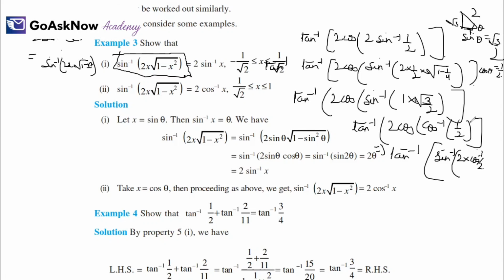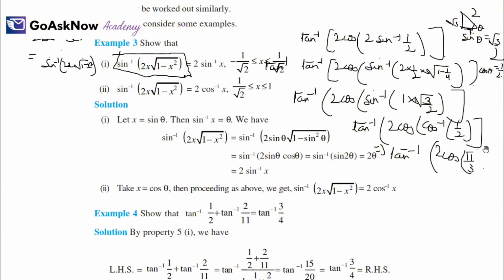You can also substitute the value inside, so let's do that also. I will make it simpler. It will become tan inverse of 2 cos of cos inverse 1 by 2, which is pi by 3.